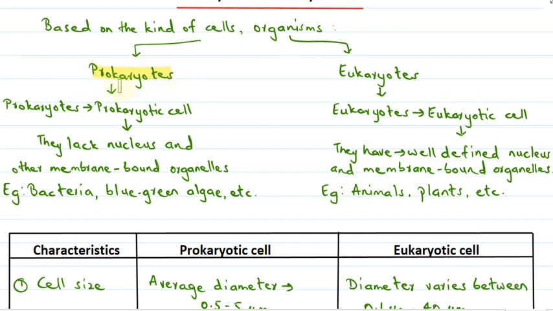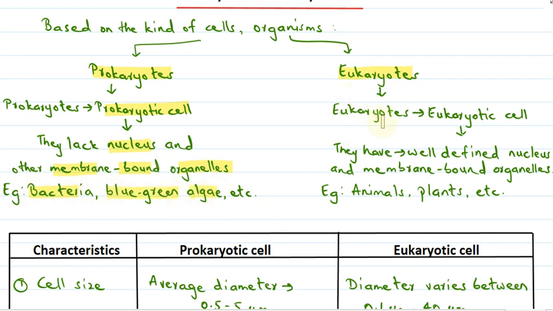Now prokaryotes have prokaryotic cell, and the other type of organisms are called eukaryotes, and eukaryotes have eukaryotic cell. So the prokaryotes are those organisms having prokaryotic cell, and prokaryotic cells are those cells that lack a proper nucleus and also other membrane bound organelles. Example of prokaryotic organisms would include bacteria, blue-green algae, etc.